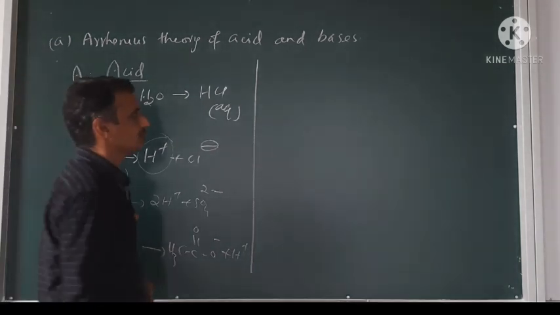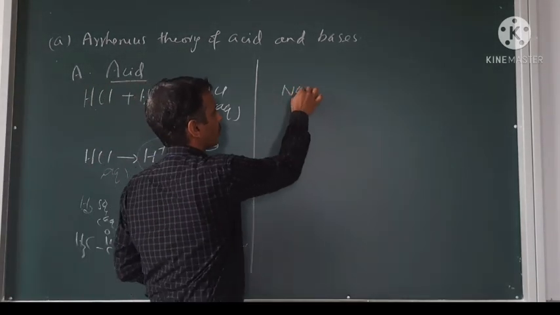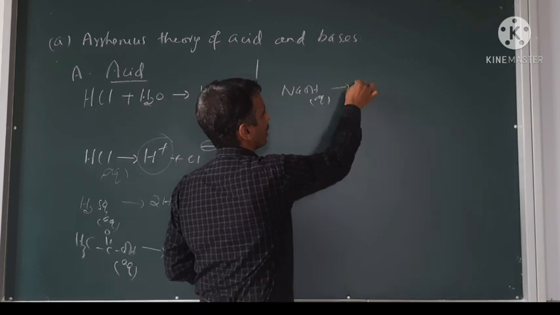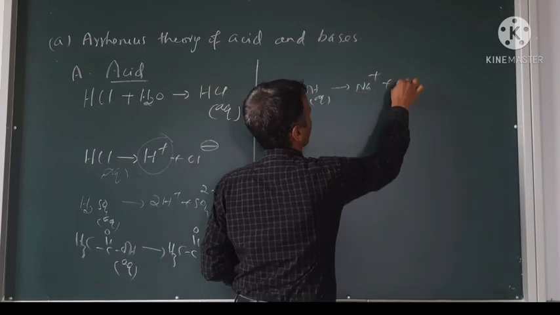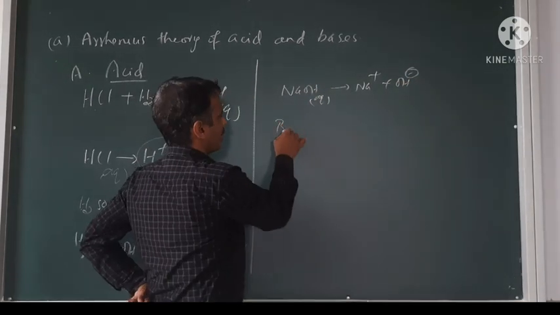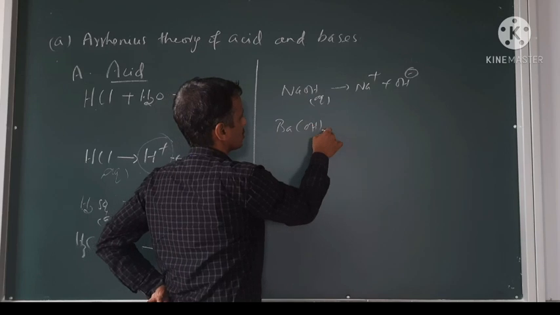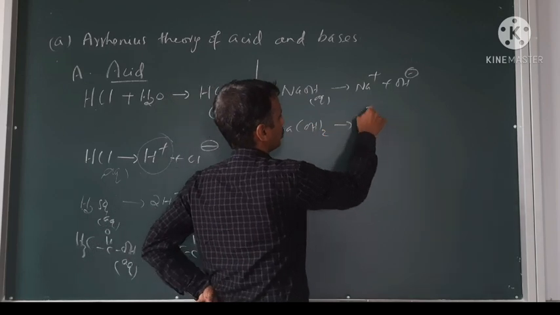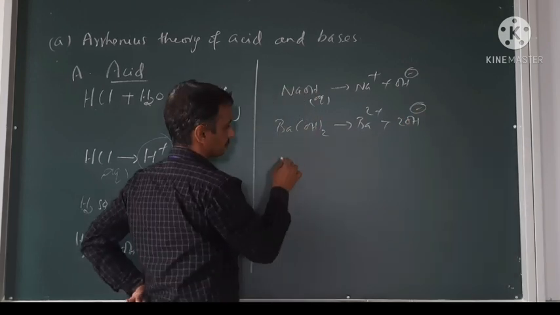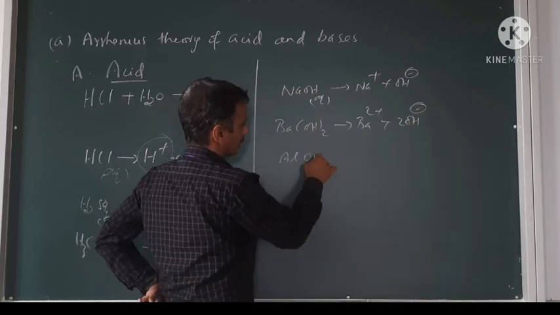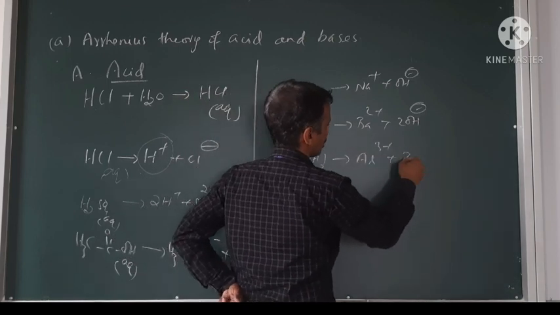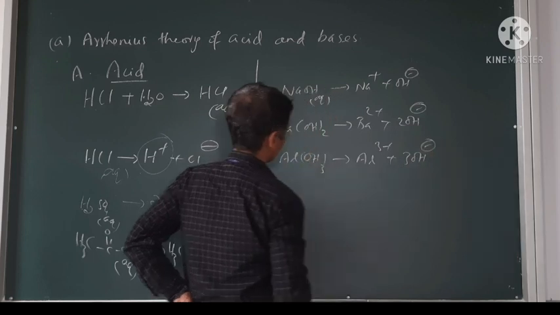Okay. Now see, sodium hydroxide dissolved in water, we get aqueous, and it starts giving Na plus and OH minus. Barium hydroxide gives barium 2 plus plus 2OH minus. Al(OH)3 gives Al3 plus plus 3OH minus.